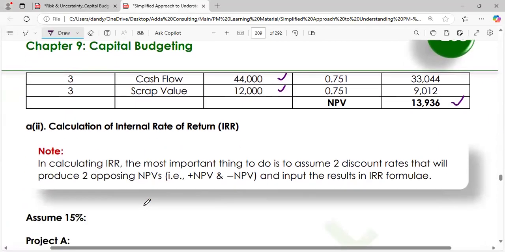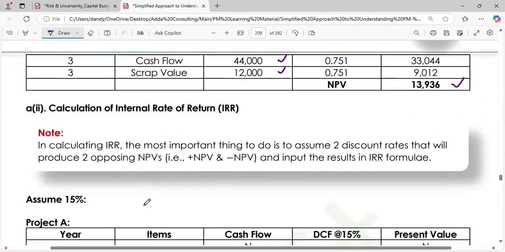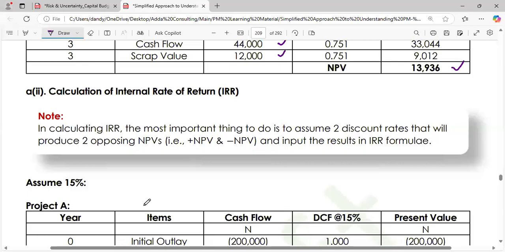We then proceed to calculate internal rate of return. Whenever you want to compute internal rate of return, you are expected to assume two discount rates that will produce two opposing NPVs. One discount rate will give you a positive NPV, another will give you a negative NPV.